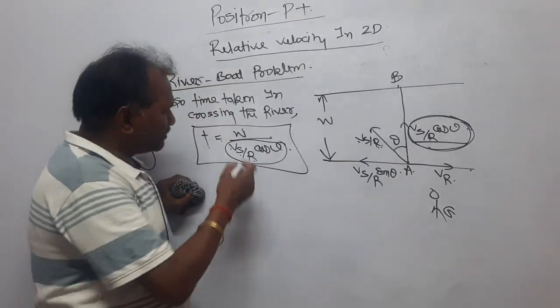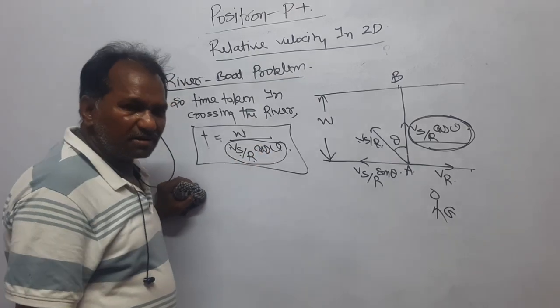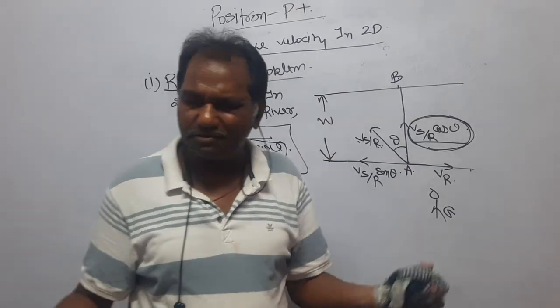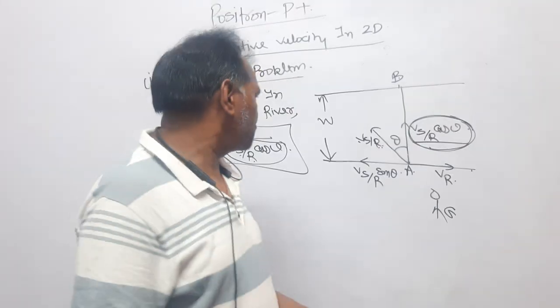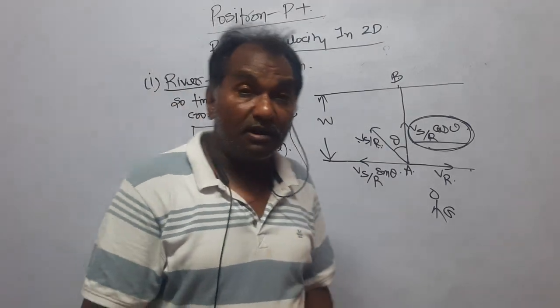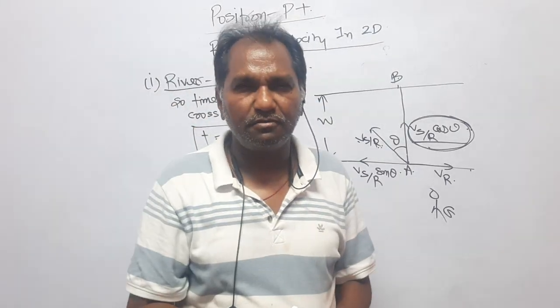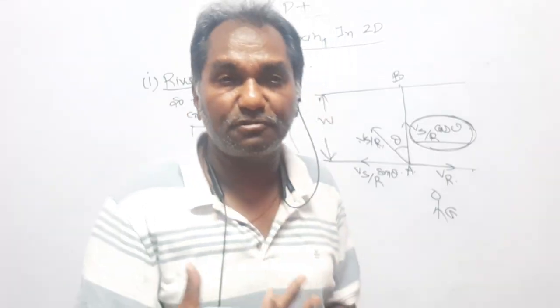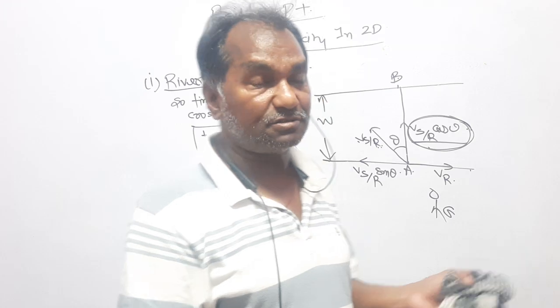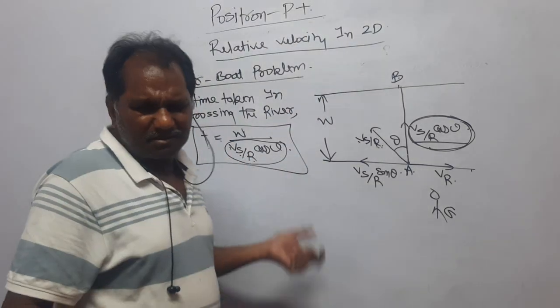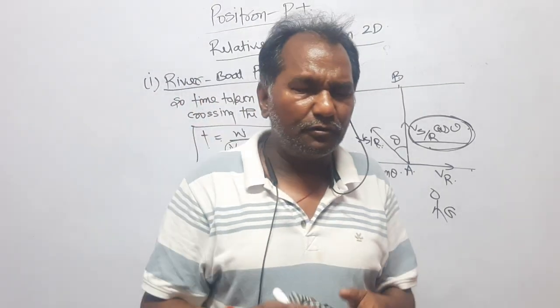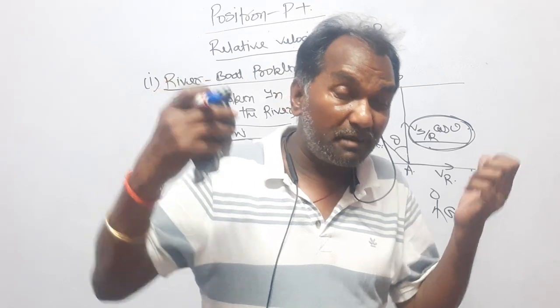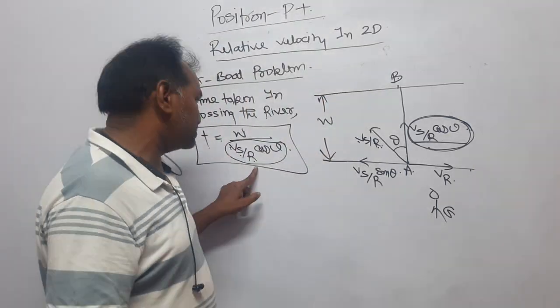Now, let W and VSR be constant. W is the width of river, that obviously is going to be constant. VSR is the velocity of swimmer with respect to river. This is the capacity of swimmer, the potential, the strength, the power of the swimmer to swim in the river with respect to river. So let the swimmer be swimming with his maximum capability, then VSR is also constant.